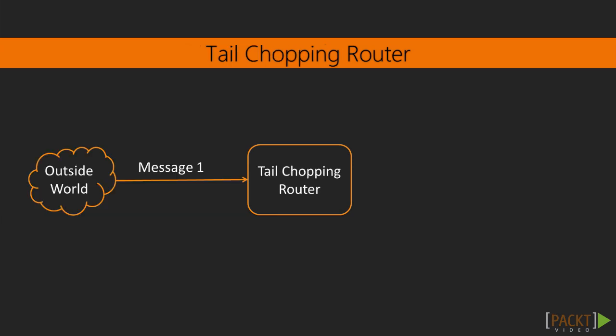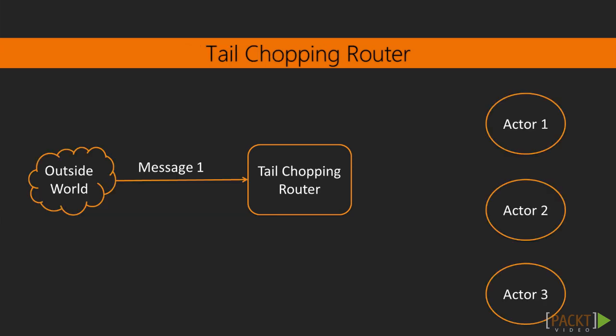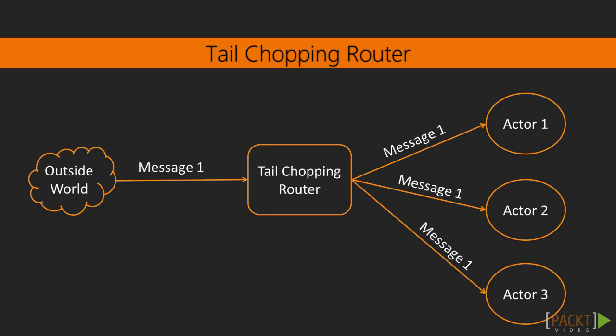Tail chopping is like scatter gather, but sends a message to one routee, randomly picked, and then after a small delay, sends the message to the second one, and so on. It allows sending the same work to more workers if it seems as if the first one is not going to respond in time, and therefore, one can get way better latencies on responses sometimes.